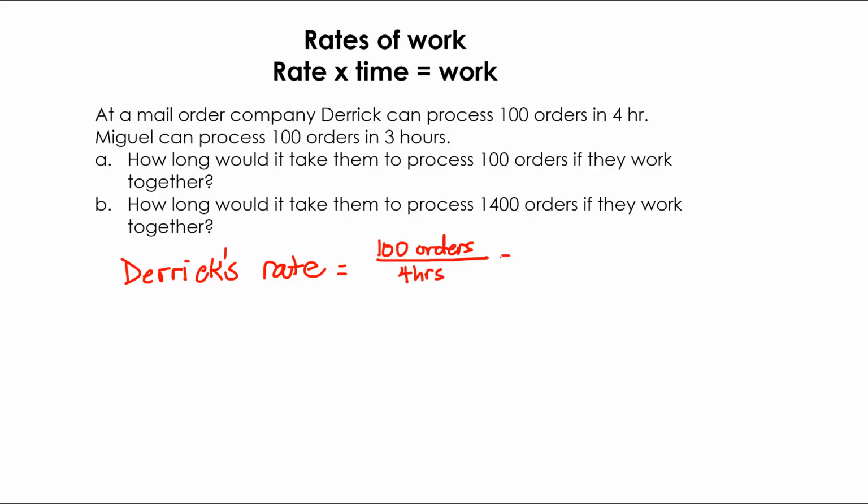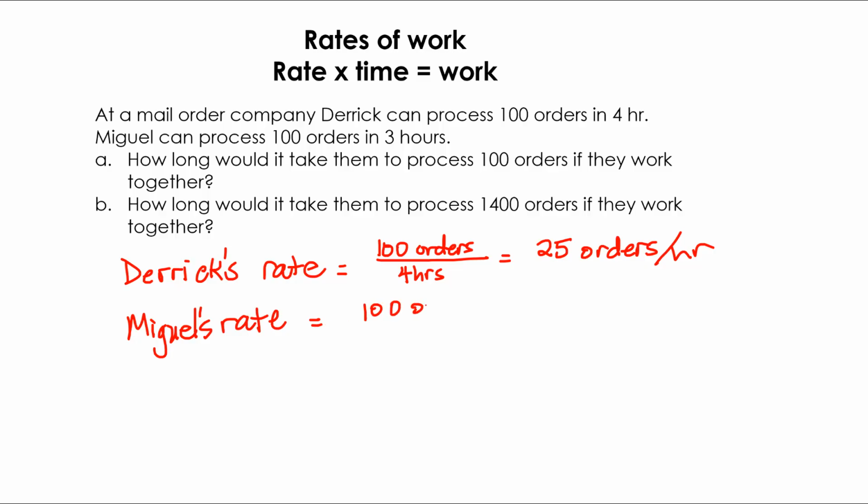And we could actually write that as 25 orders per hour. Miguel can process 100 orders in 3 hours. So that's 100 orders in 3 hours. So basically 100 over 3 orders per hour.